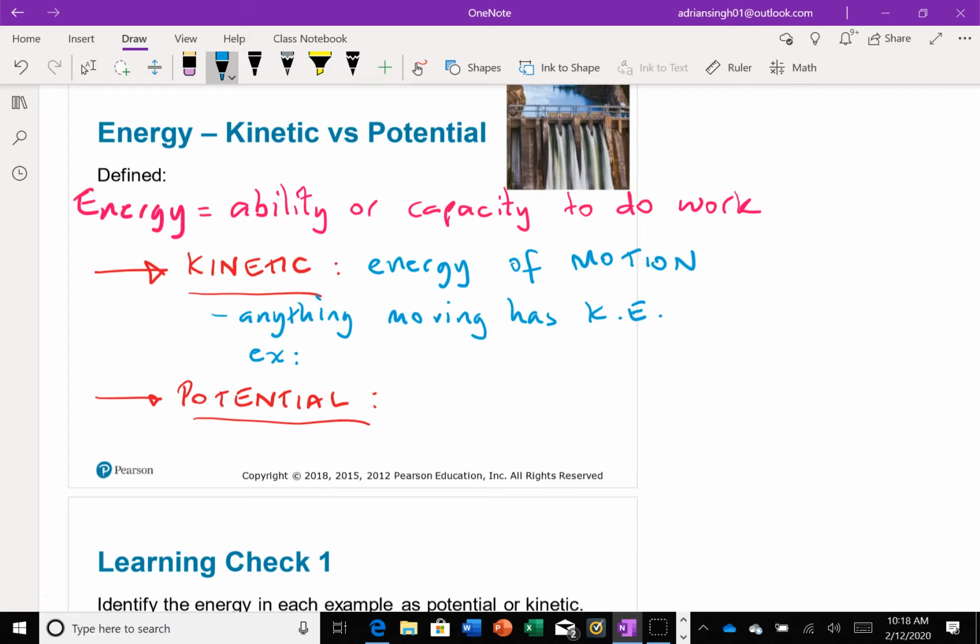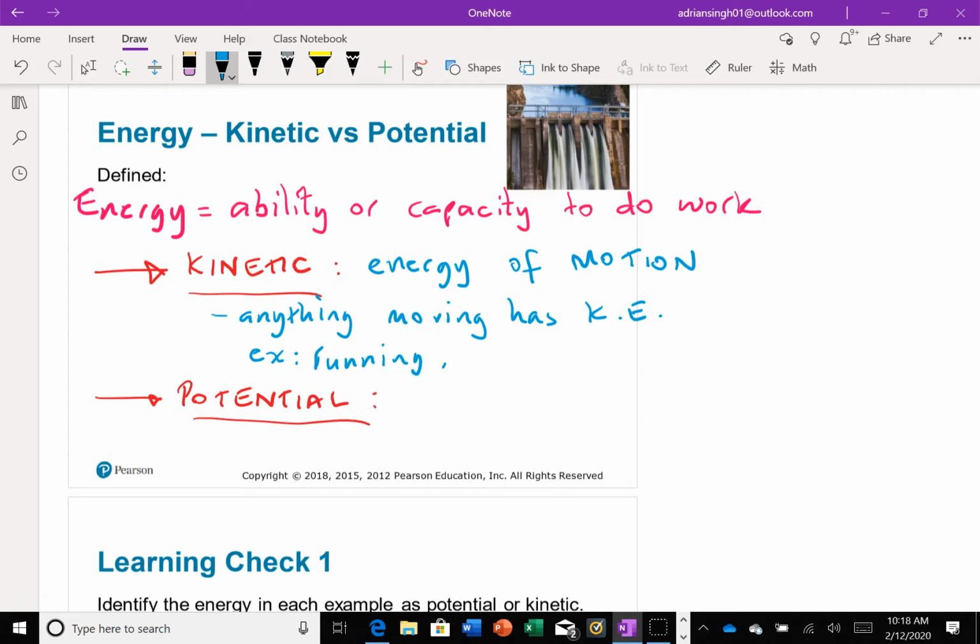What's an example of kinetic energy? Running. Right? Your arms are moving, your legs are moving. Another example. Your car rolling down the road.